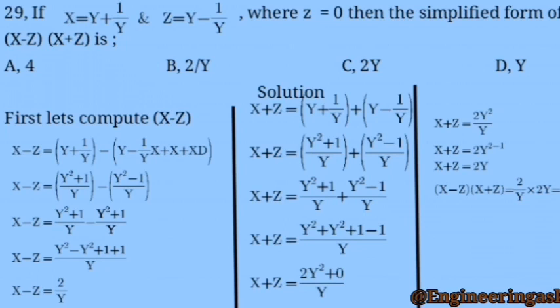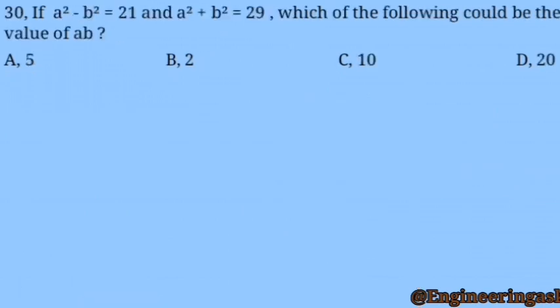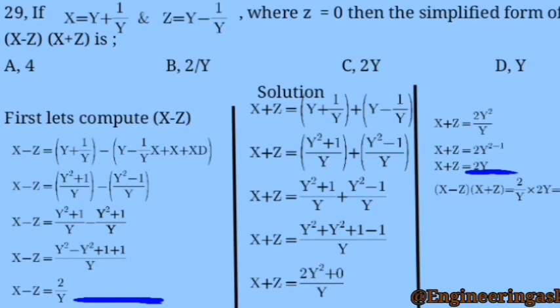This means 2y. So x minus z times x plus z equals 2 over y times 2y. It will give us 4. So the simplified form of x minus z times x plus z is 4. 4 is A. The answer will be A.